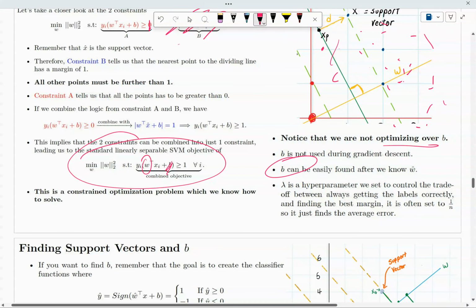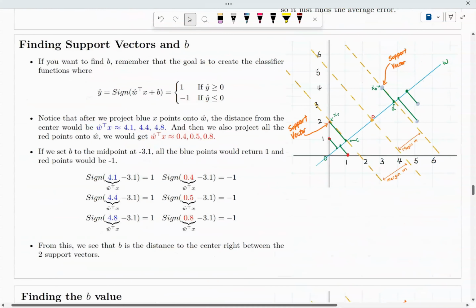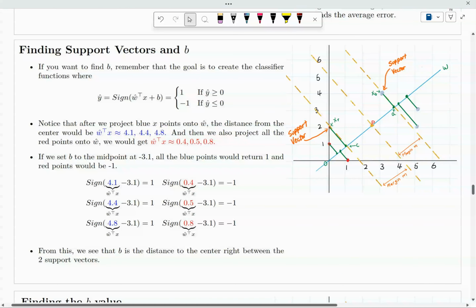So how can we go about doing that? Well, if you want to find B, remember that the goal is to create the classifier function, right? So we care about the sign. If this is positive, that means this is greater than 0, and if it's negative, it means it's less than 0. So notice after we take all the blue points, we project them. So these are the different blue points, right?